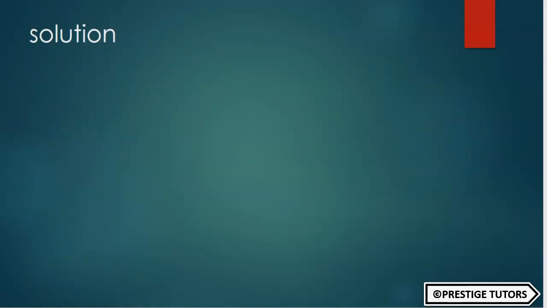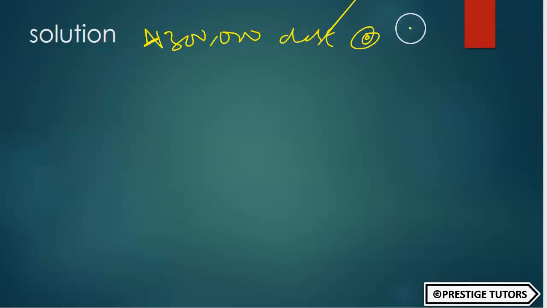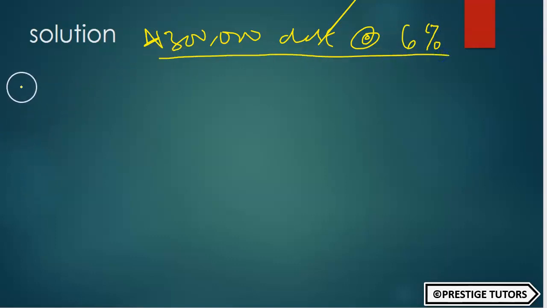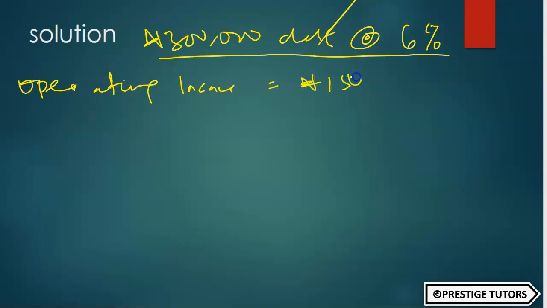Don't forget, we still have the same operating income. 300,000 debt at 6%. Operating income is 150,000 naira.